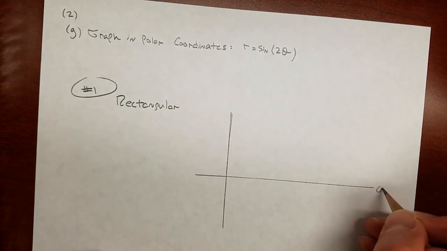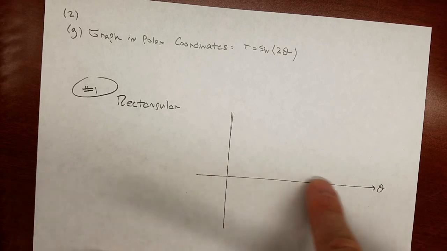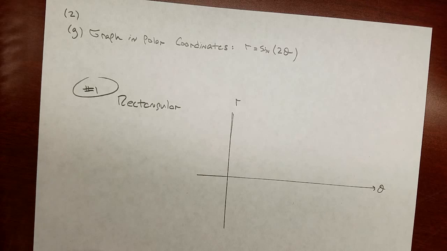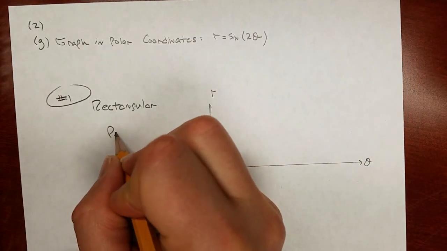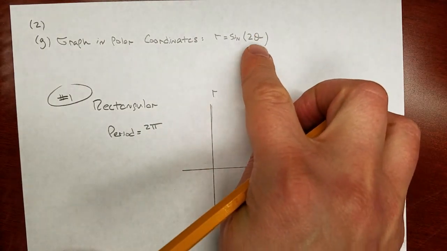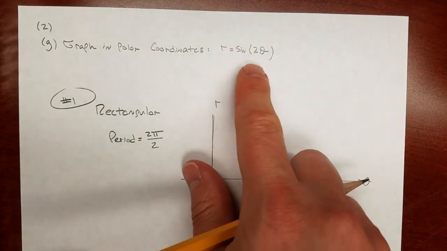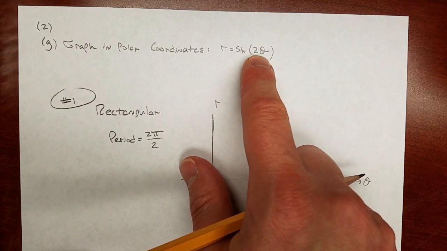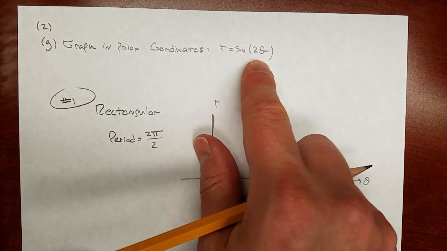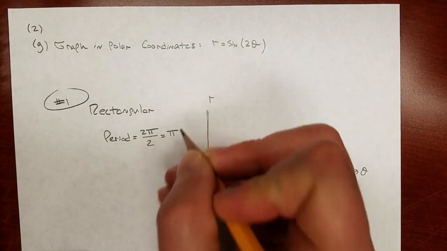If I'm drawing this in rectangular coordinates, theta on the horizontal axis, r on the vertical axis, it will have a period of 2 pi divided by that number. That's what we figured out, right? That number right there, that 2, alters the period of the sine wave. In this case, it makes it 2 pi over 2. So the period is pi.